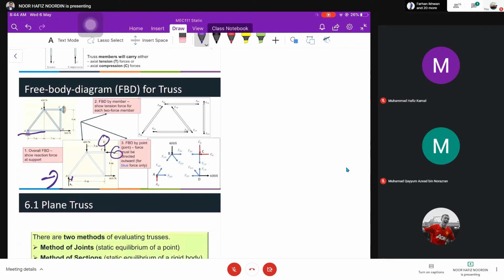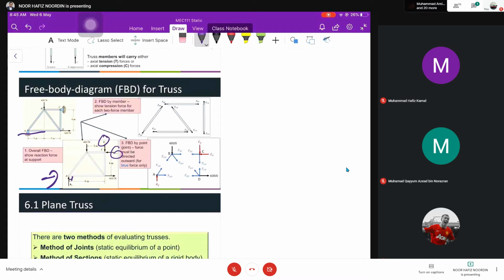For the direction of force at each connection of support, you actually can put it in your own assumption. If let's say you want to put it upward, it also can. Because why? Let's say if you calculate the reaction force at the end of the calculation tu, you will get the positive or negative sign.